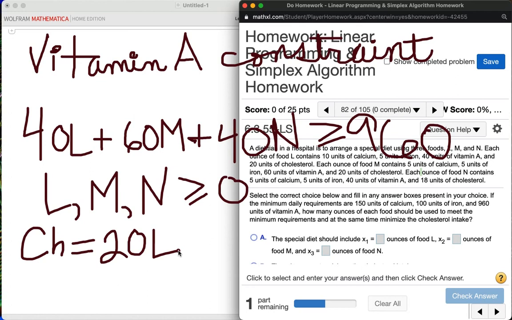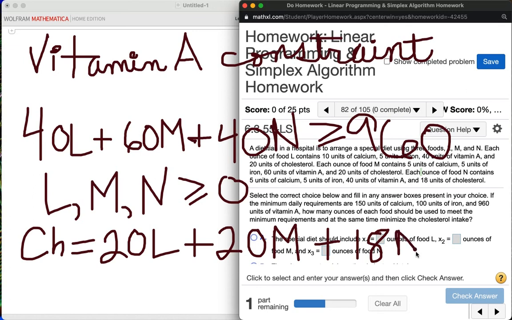Food M contains 20 units of cholesterol. Food N contains 18 units of cholesterol. So this is the objective function that we're supposed to minimize.